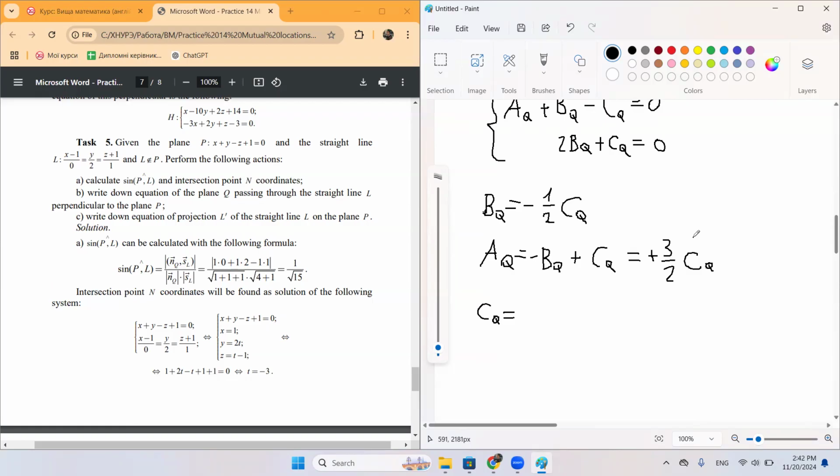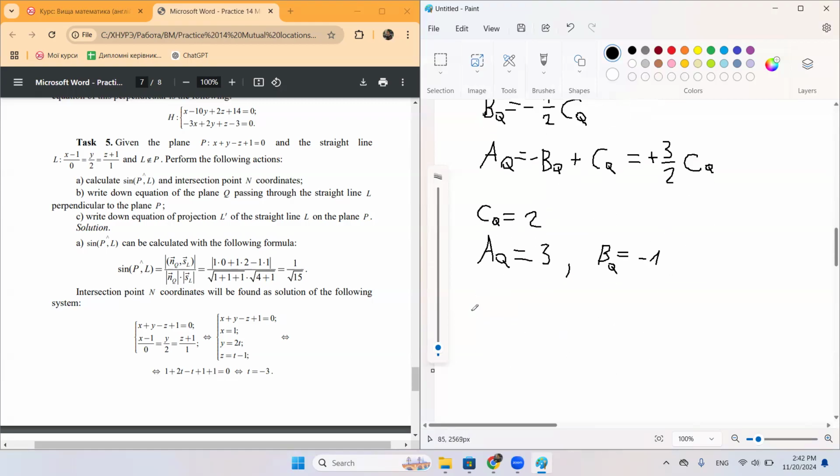Any suggestions? I would take 2 to eliminate these fractions and receive whole numbers. Then AQ will be equal to 3, B equals minus 2.